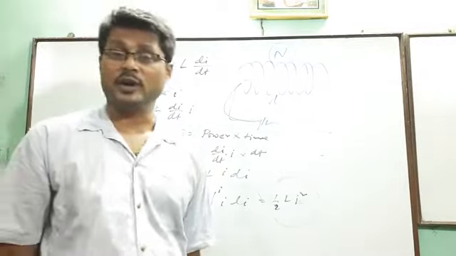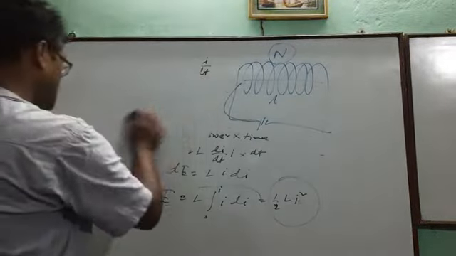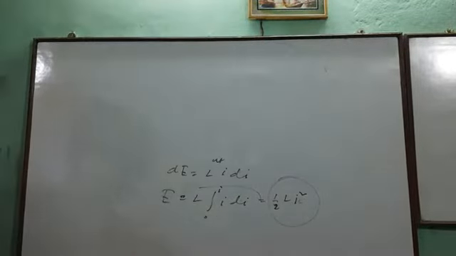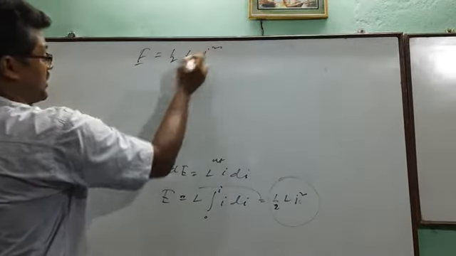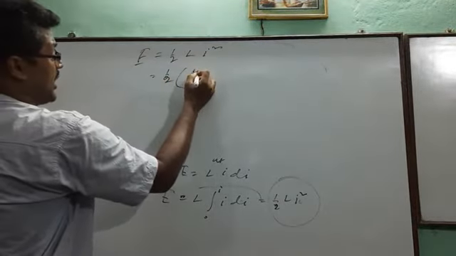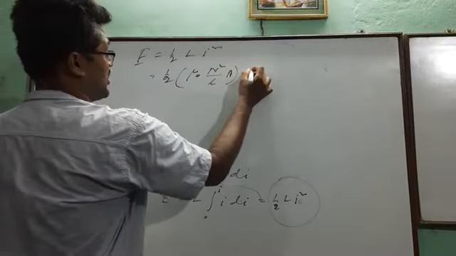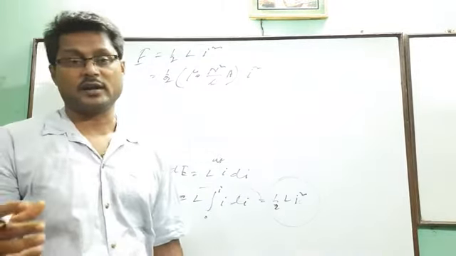Now I can modify this one. How can it be modified? This is the energy expression, half L I square. Half L means we already have mu 0 n square A L into I square. Just now I discussed the inductance of the solenoid.